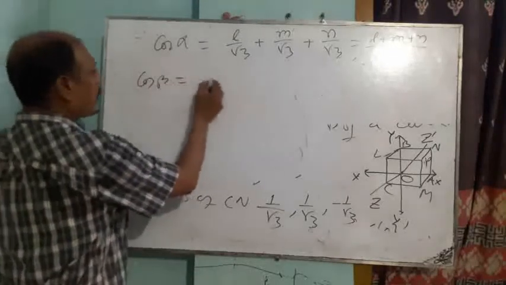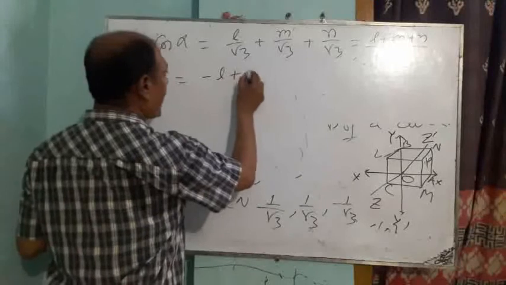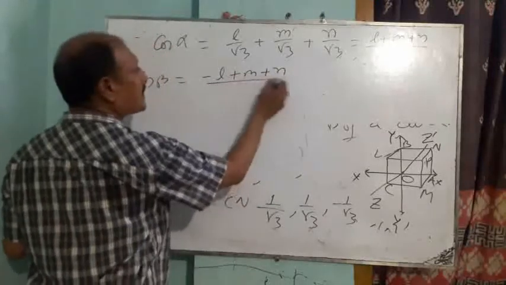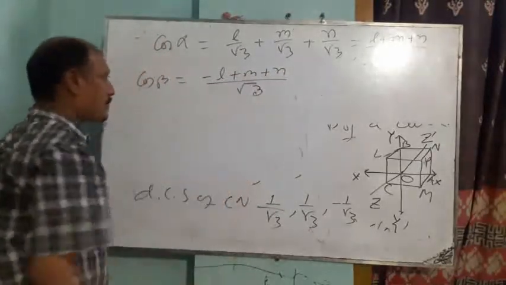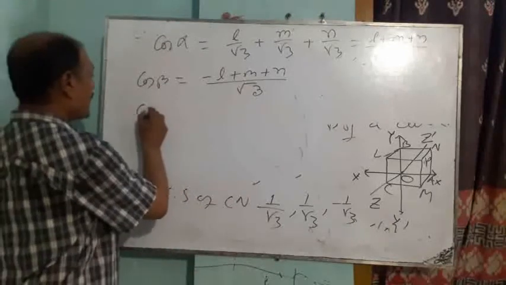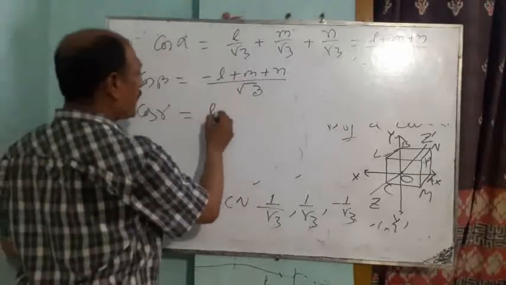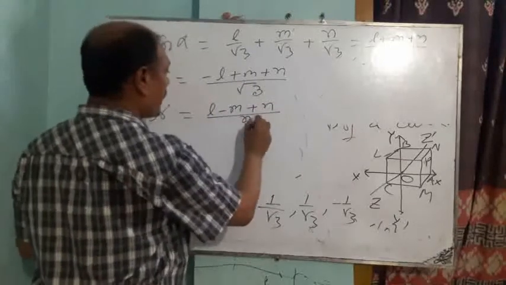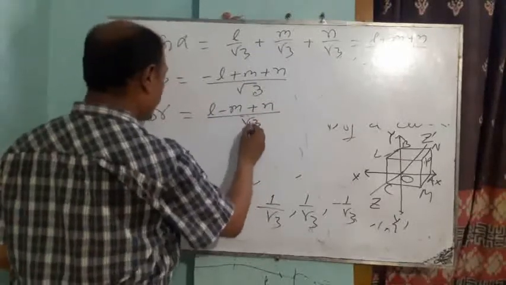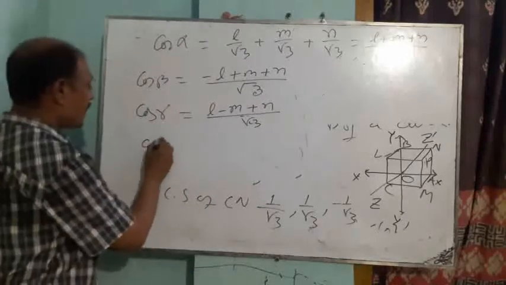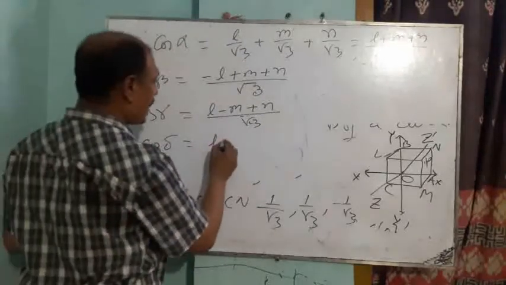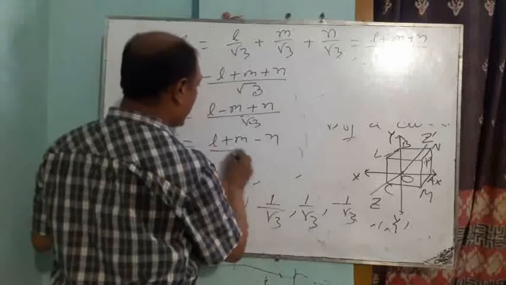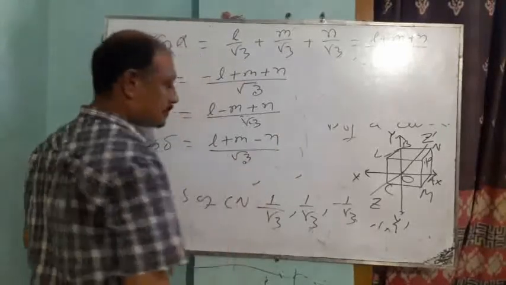Cos beta equal to minus L plus M plus N by root 3. Cos gamma equal to L minus M plus N by root 3. Cos delta equal to L plus M minus N by root 3.